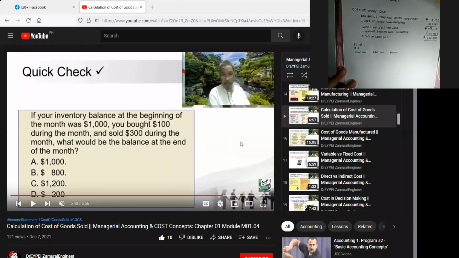You bought 100 during the month, meaning to say plus purchases 100. And sold 300 during the month. What would be the balance at the end of the month?